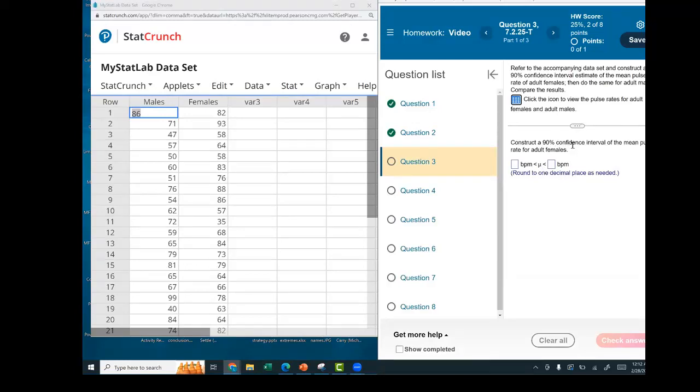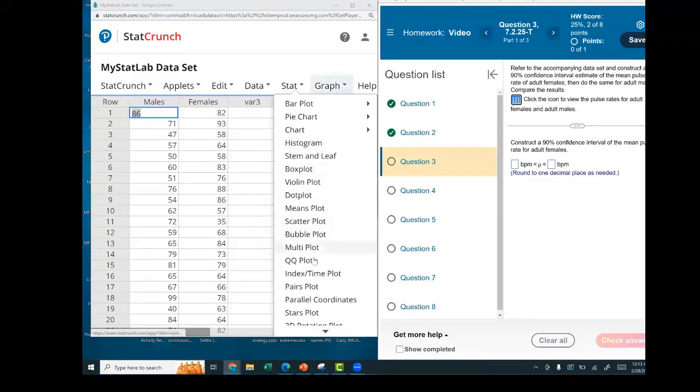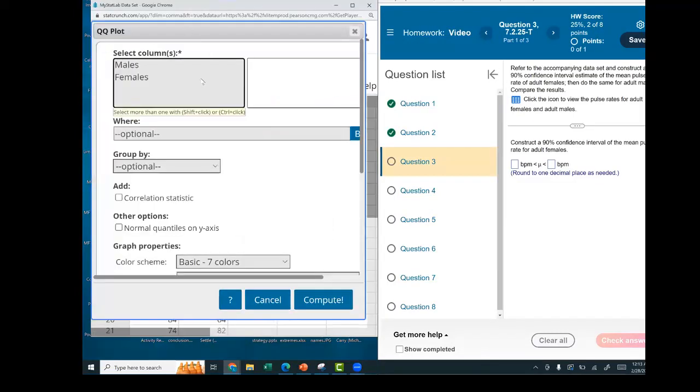Construct a 90% confidence interval of the mean pulse rate for adult females. Again, let's look and see if we have the requirements for a T or a Z score. So we'll do our females first. Let's graph the QQ plot for females and see if it's normally distributed.